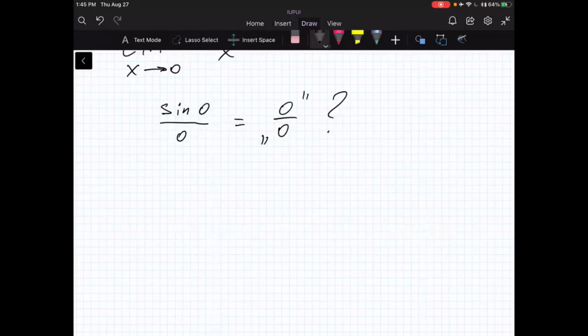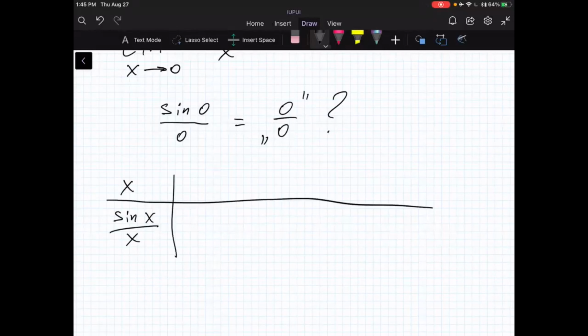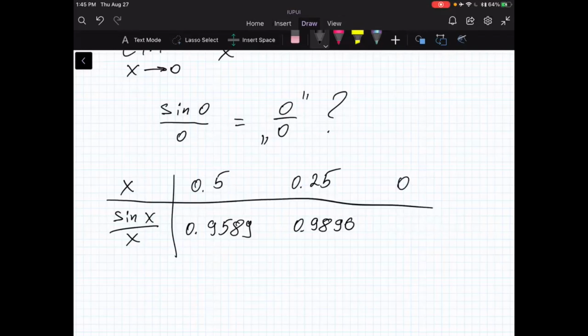But nevertheless, even though we cannot calculate it directly, we can find the limit. If we just create our table and evaluate our function at some points near 0, we will see that at point 0.5 our function will have the following value, while at point 0.25 we'll get 0.9896, and at point 0.2 we'll get a similar value, and so on.